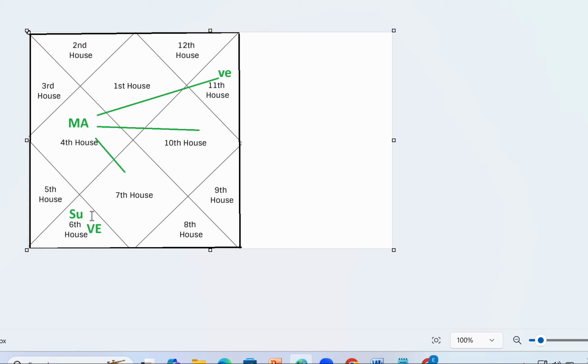The planets sitting in that house, apart from that planet, also get activated. Suppose Ketu is also sitting over here. Ketu will also get activated. In Sun dasha, Venus and Ketu will get activated. What about Ketu dasha? Sun and Venus will get activated.